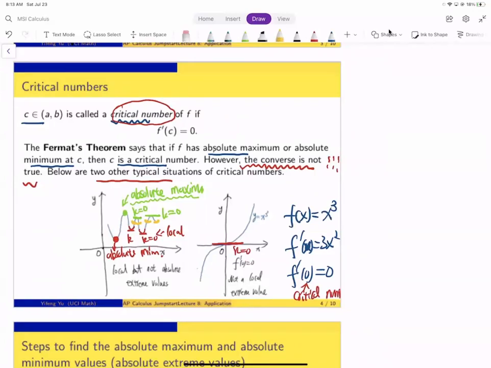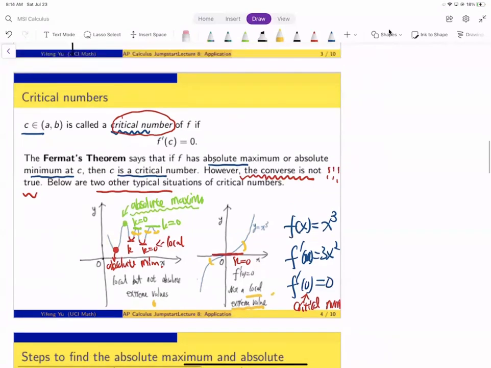However, from the picture, it's clearly neither a maximum nor a minimum. It's not even a local extreme value. So here are two situations where the derivative is 0, but it's not an absolute maximum or absolute minimum.